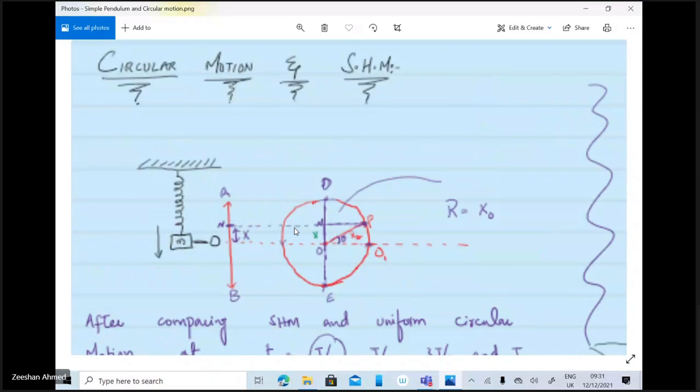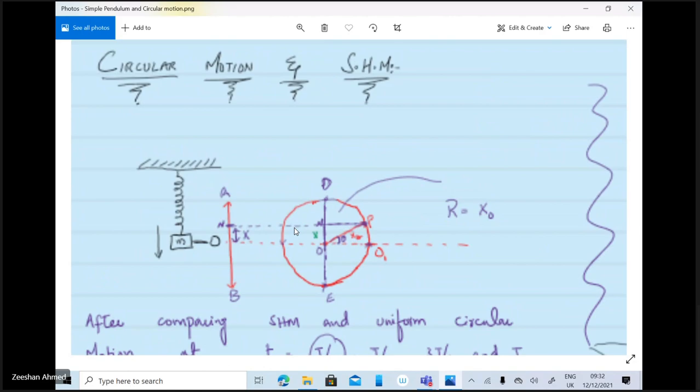Let me tell you very frankly, this topic is the most difficult of the topics we have studied so far. Why is it a difficult topic? If you look at the name, circular motion and simple harmonic motion, it means we have to prove things diagrammatically and graphically.